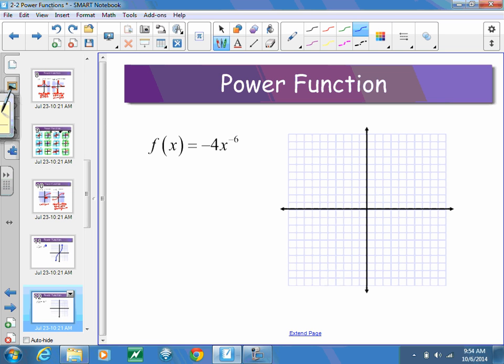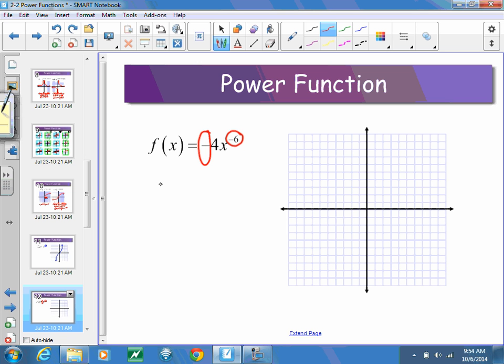If I look at the next one here, I have -4x to the power of -6. Well, going back to our transformations, this negative out in front is going to tell me that I am going to do a reflection over the x-axis, so I'm going to wait to do that. First of all, I'm going to start with my negative exponent of -6.